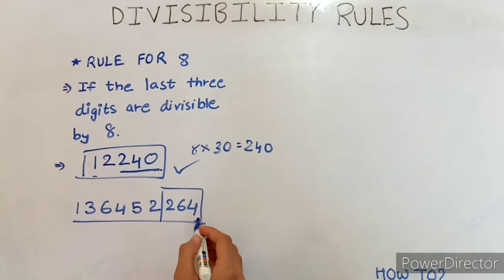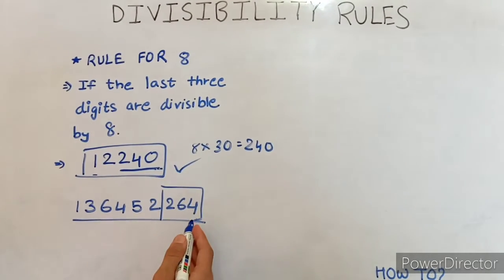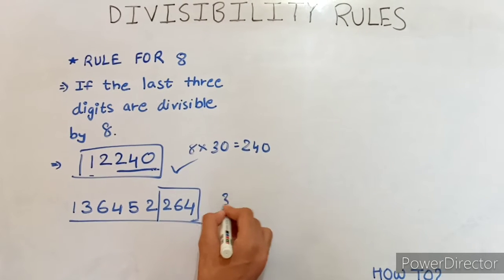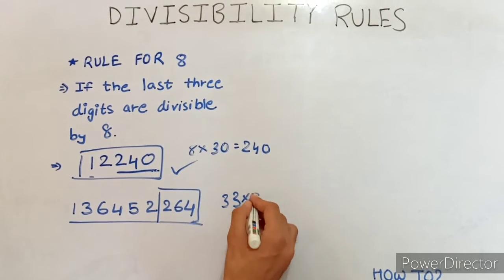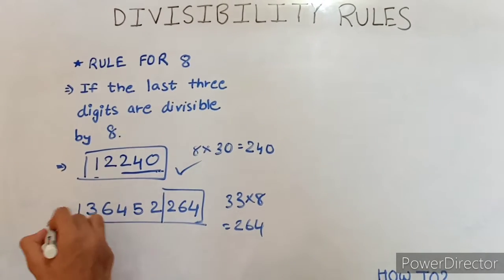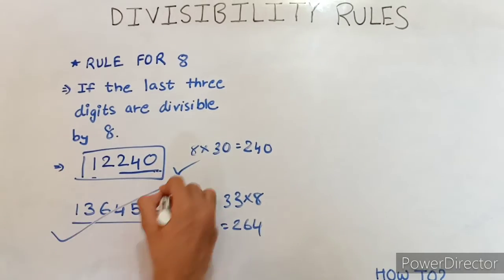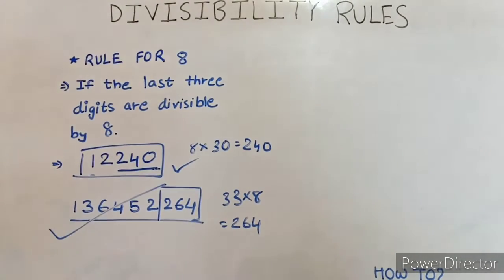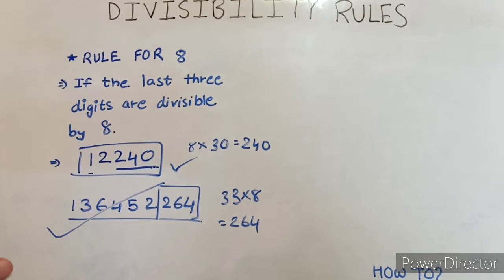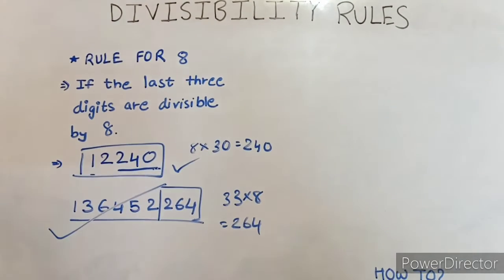They are 264, and 264 is divisible by 8, as it comes 33 times. 33 into 8 is equal to 264. So the whole number is divisible by 8. The rules for 2, 4 and 8 are quite similar. Now let's see the others.